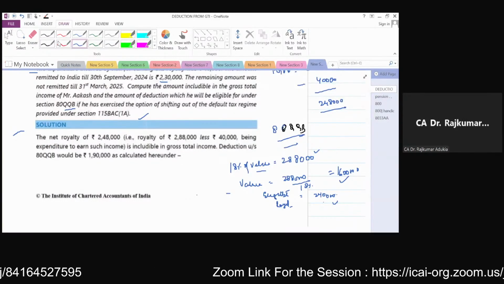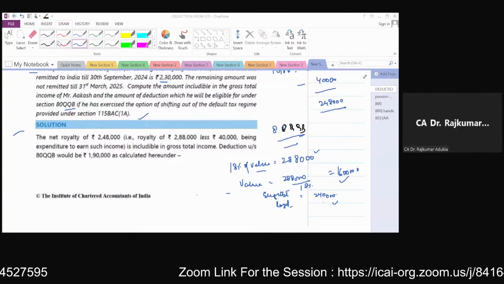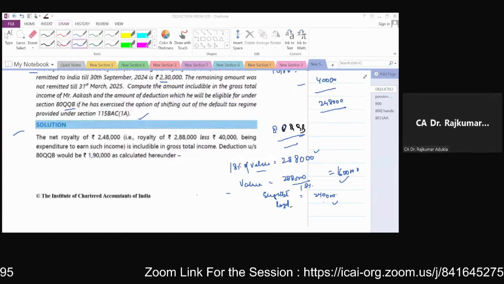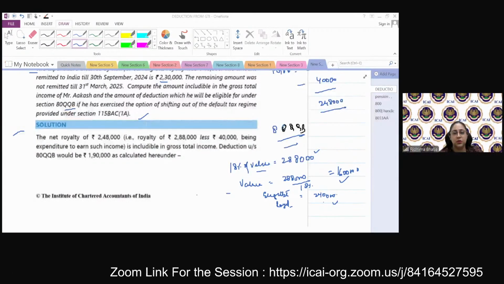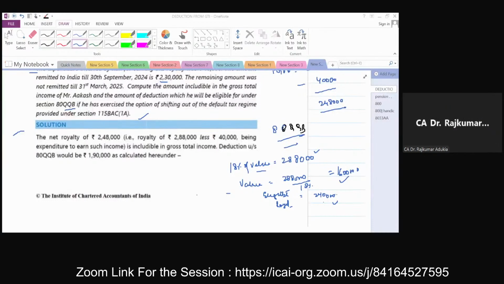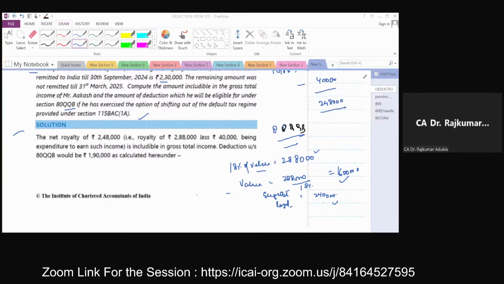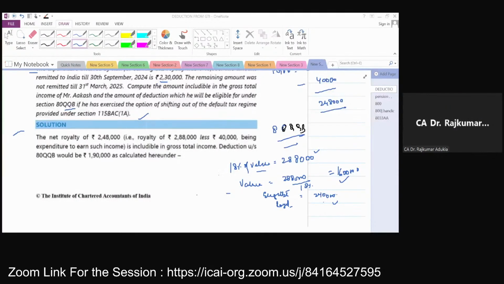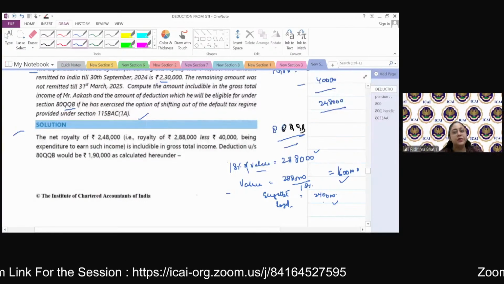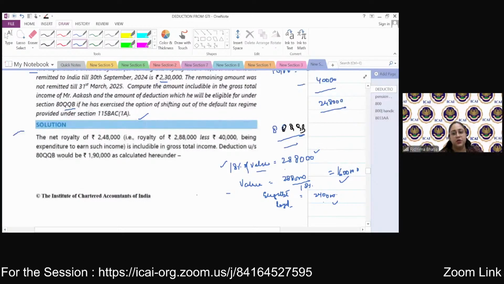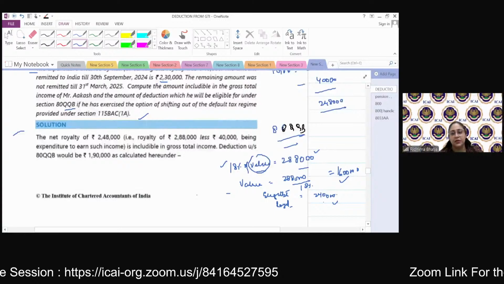We have been given in the question that 18% of the value is 2,88,000. So you have to compute the value, which is the X here.